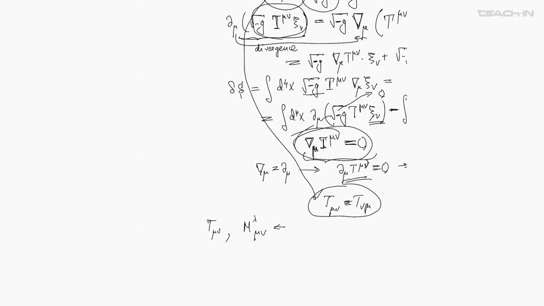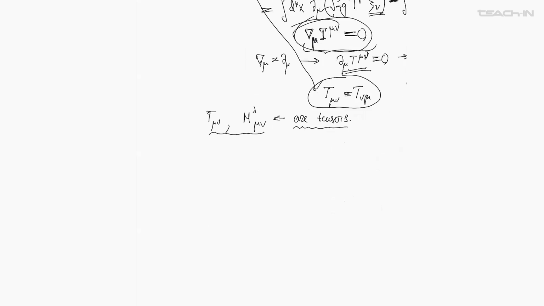And the tensor nature of these objects means that they transform under Lorentz transformations. They are conserved quantities with respect to the time evolution of your dynamical system. So if you have some Lagrangian, Hamiltonian driving the dynamics, then indeed these quantities are conserved.